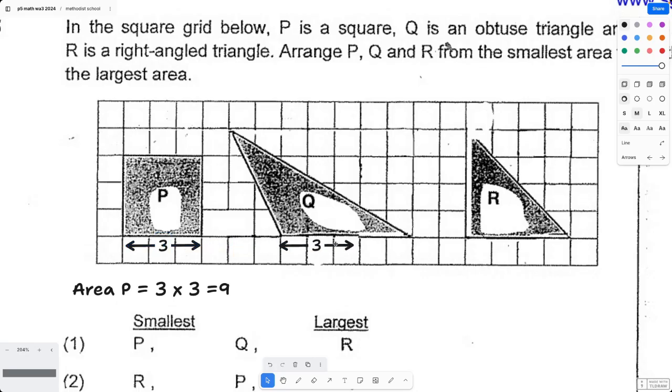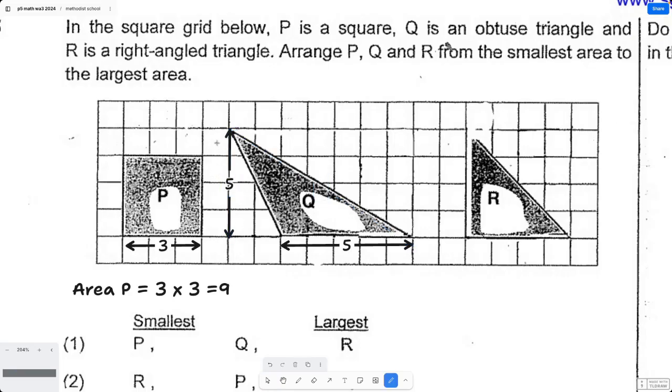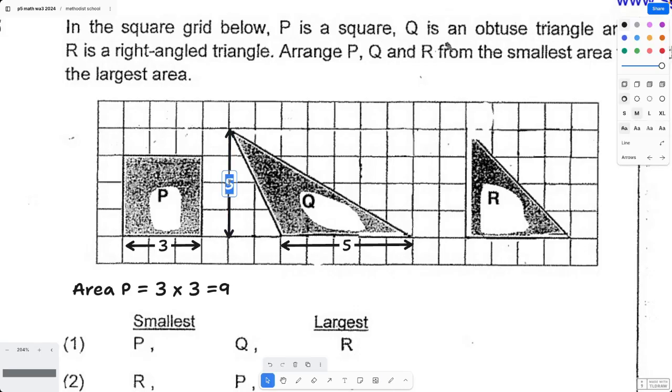So Q, we have the base over here, which is in this case 1, 2, 3, 4, 5. So we have 5. And then we also want to know the height of Q. Instead of 5, this should be 4, so we don't count this middle one.